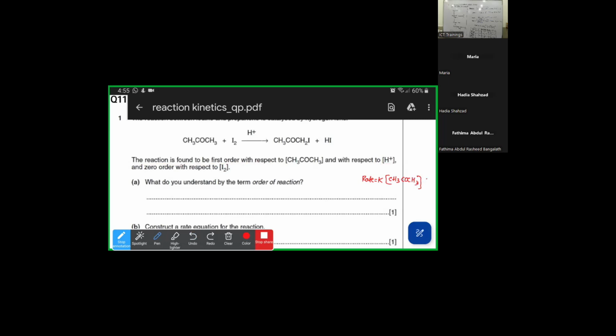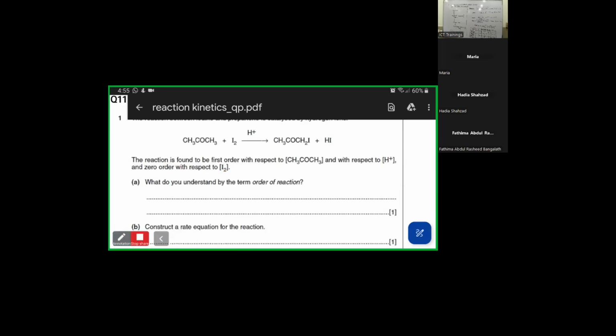And he said zero order with respect to I2, so I2 won't come in the rate equation. Because if anything has the power zero, it becomes equal to one, and one multiplied with any number is finished. So this is the rate equation, my dear students.